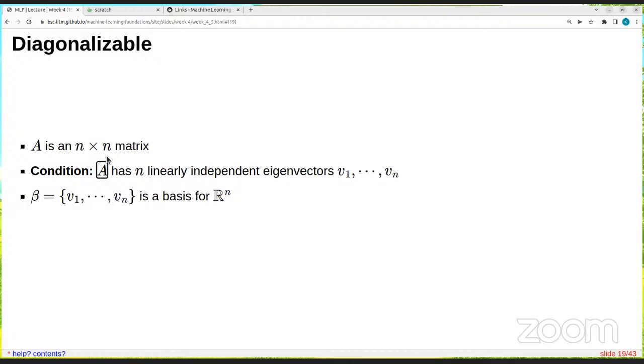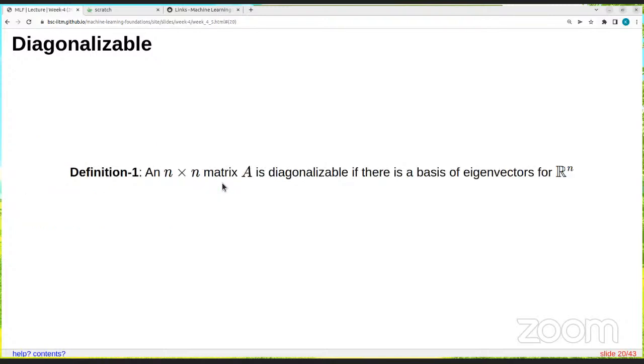All right. So if you're all okay with this condition, then we have a basis of eigenvectors of A. And that is where we come up with the first definition for a diagonalizable matrix. An n by n matrix A is diagonalizable if there is a basis of eigenvectors for Rn.